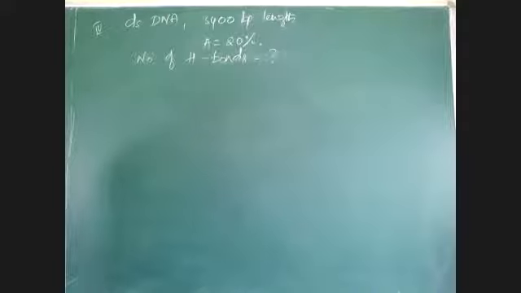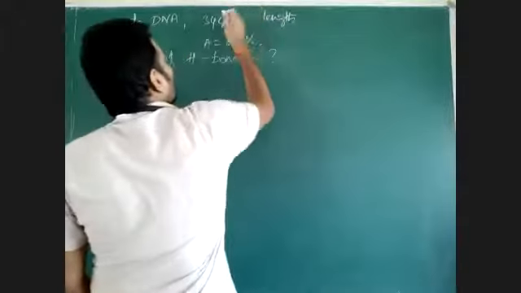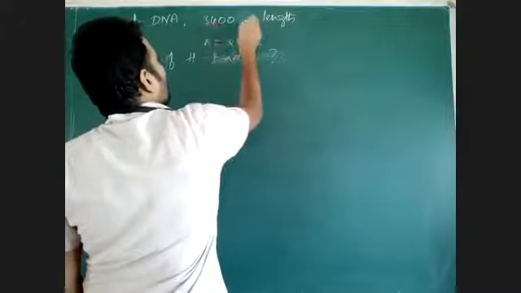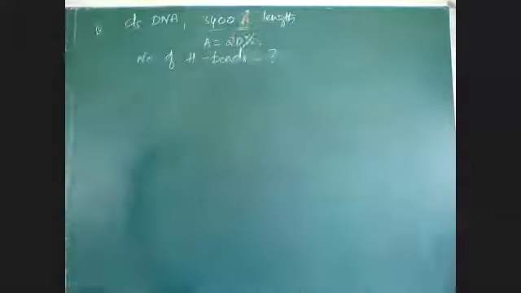Otherwise I will give nanometers, so then you can calculate in another way also. In a double-stranded DNA, there is 3,400 angstroms length, better. The length of DNA is 3,400 angstroms. Then what is the number of hydrogen bonds?